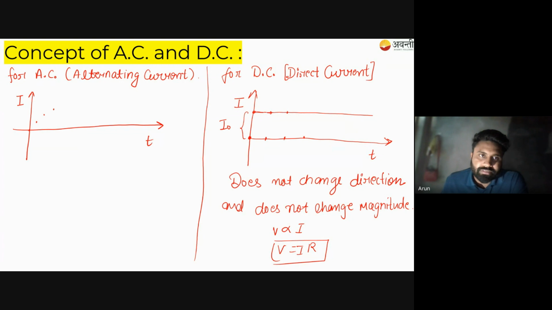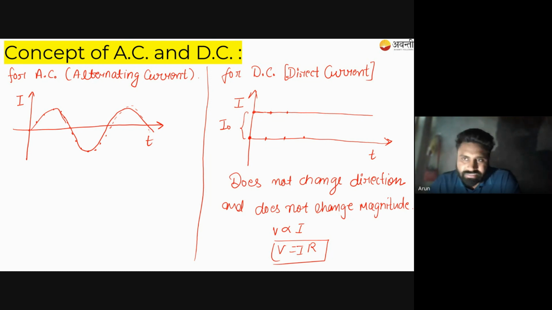Then it will constantly decrease, and then it will decrease to negative levels of current, and so on. If you connect these dots, you will have a curve like this. Although this is not the specific one, you will see alternating current by this wave also, but this is the mathematical wave that is to be considered for all the derivation purposes for alternating current.